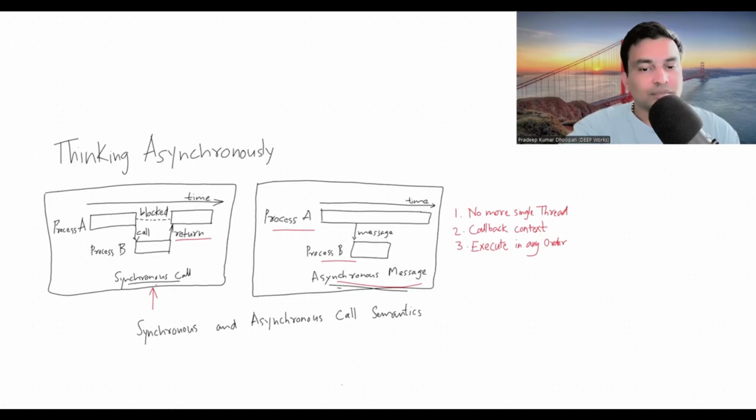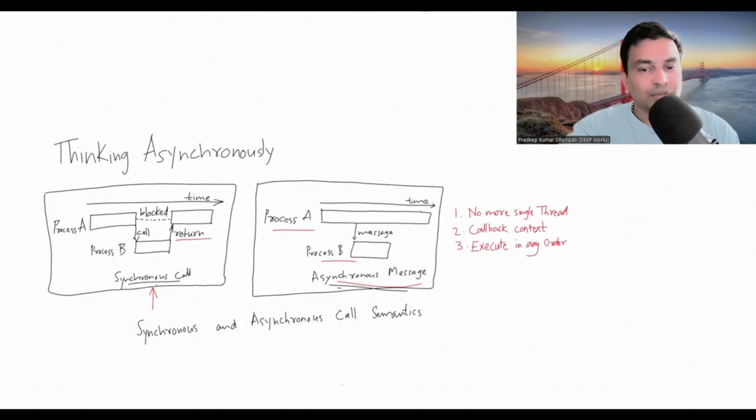And when process B processes this message and sends an acknowledgement, it uses a callback mechanism, and this can greatly improve the performance, but there are certain implications which we have to keep in mind.